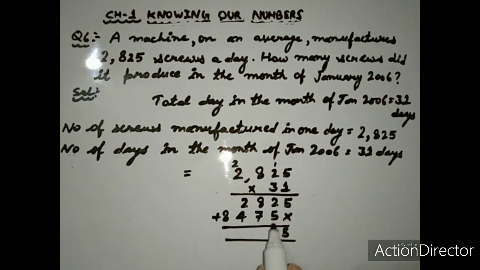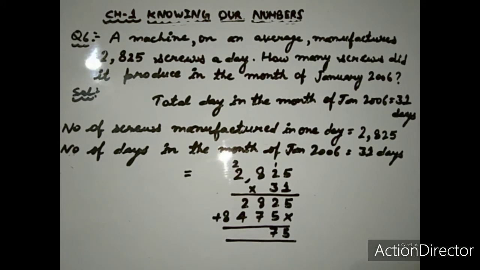Now here we get 5, 5, 6, 7, then 7 plus 8 is 15. Here we write 5, 1 carry, 4 plus 1 is 5, 2, 3, 3 and 4 is 7 and 8. So here we get 87,575.